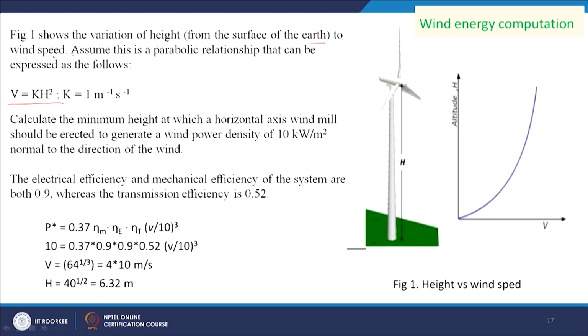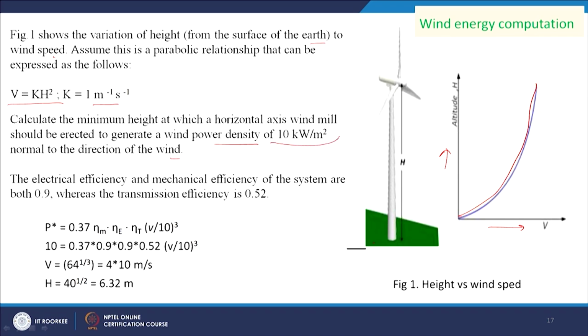So, this is our velocity and this is the surface of the earth, this is the trend at which the velocity changes with height. It is given that v equal to k into h square, k equal to 1 per meter per second, and calculate the minimum height at which a horizontal axis windmill should be erected to generate a wind power density of 10 kilowatt per meter square normal to the direction of the wind.